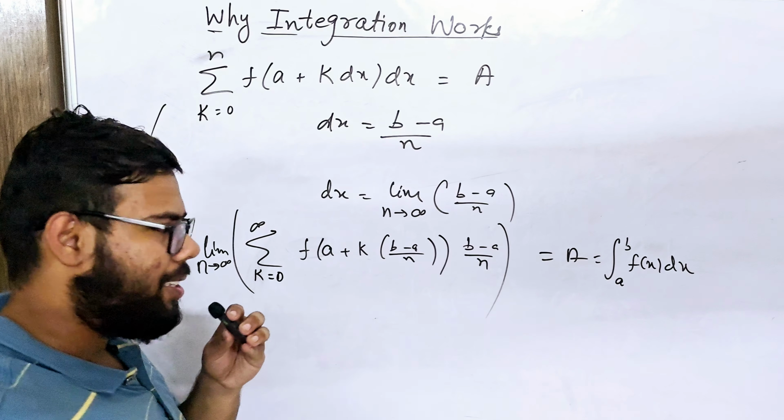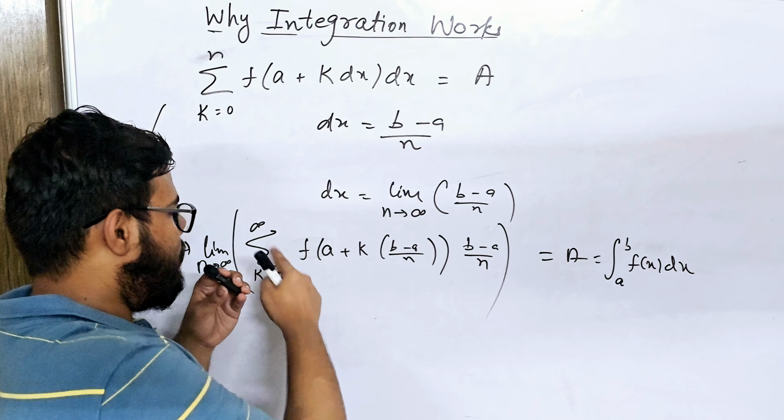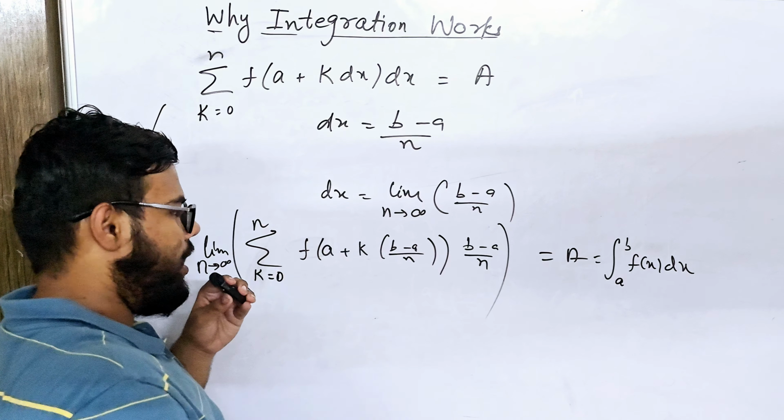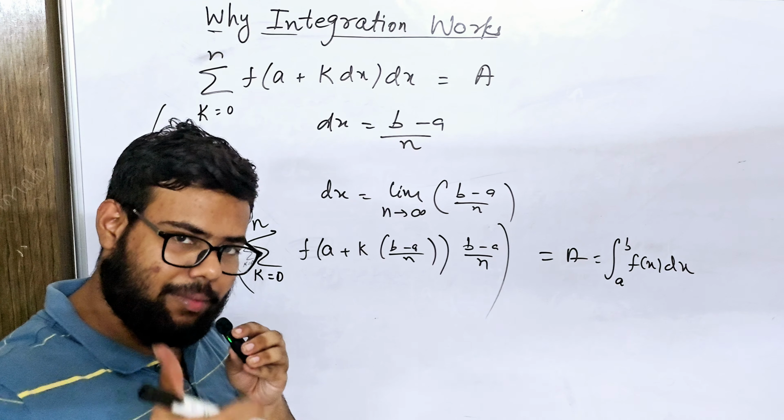Understood now? Where k is going from 0 to n, and n is tending towards infinity.